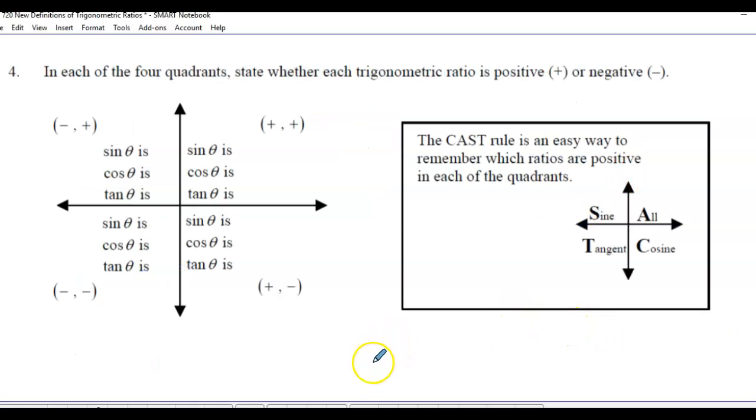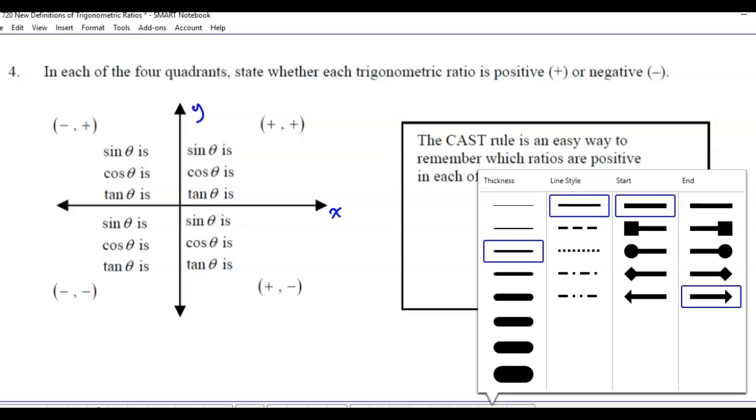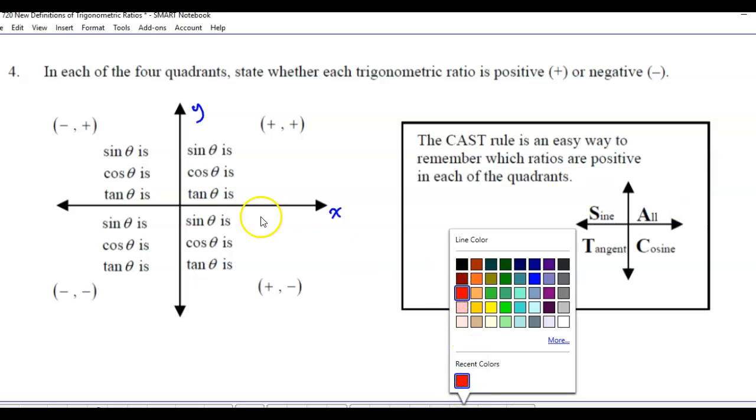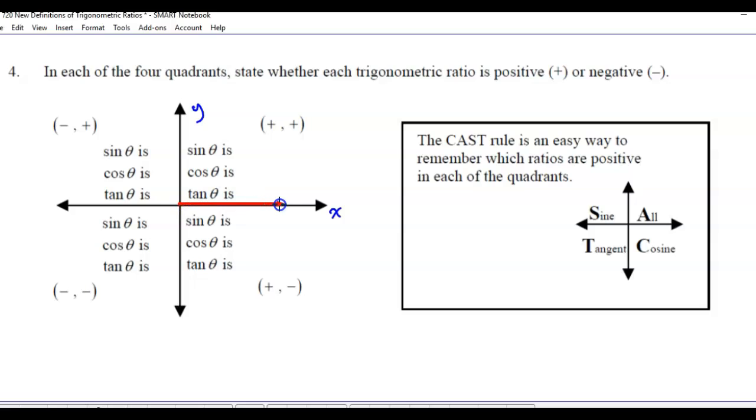All right, so in each of the 4 quadrants, so here's an x and y axis, right? State whether each trig ratio is positive or negative. So think about when you're drawing it. I'm going to draw an initial arm and a terminal arm. Okay, so there's that.